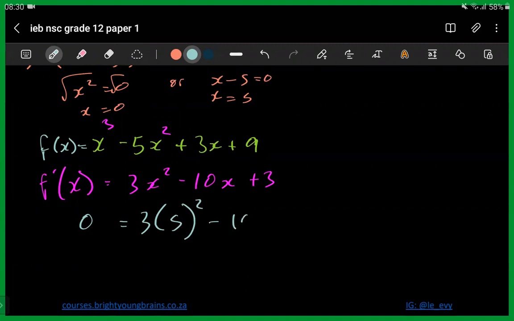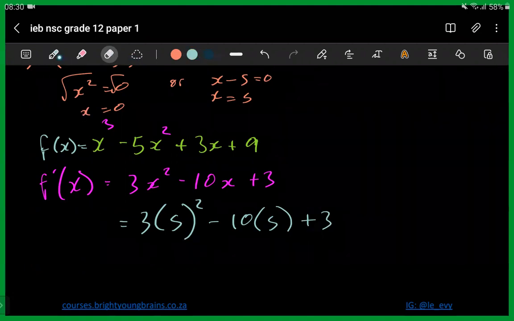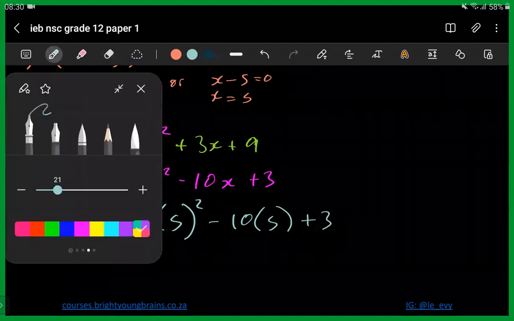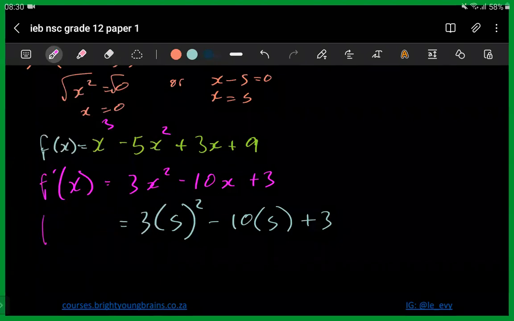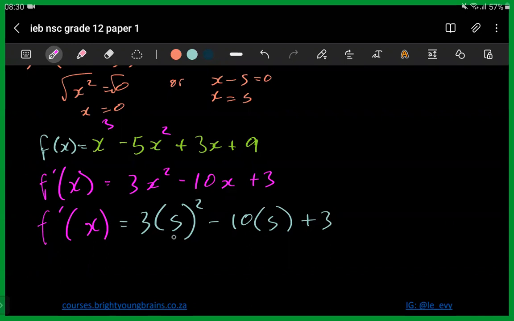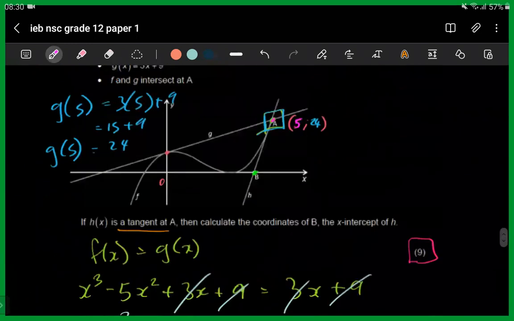So where x is, you put a 5, because that's the x value for which you're looking for a gradient. The gradient is not equal to 0. You're looking for the gradient where the x value is 5. So the gradient is left open, and then you have x value 5, because you're looking for a specific gradient.